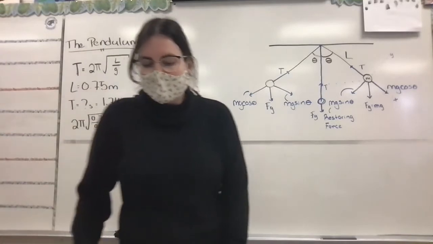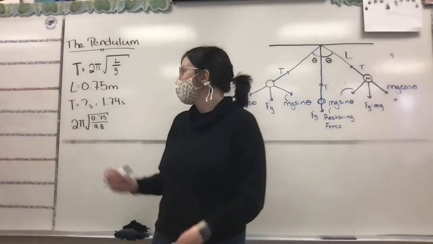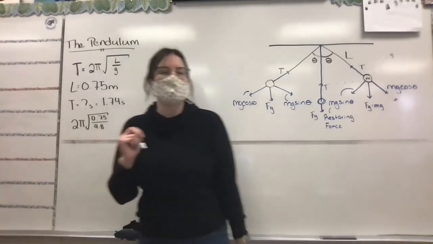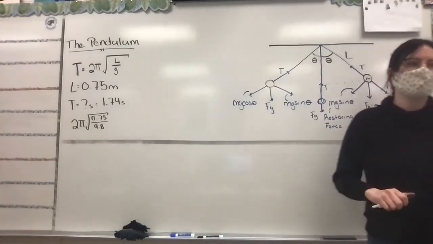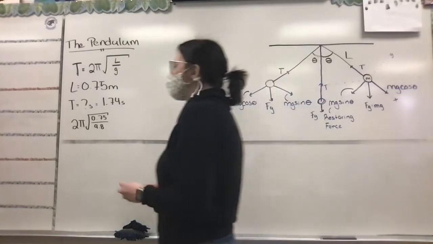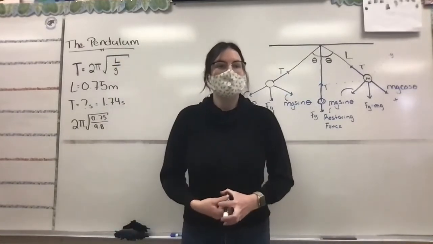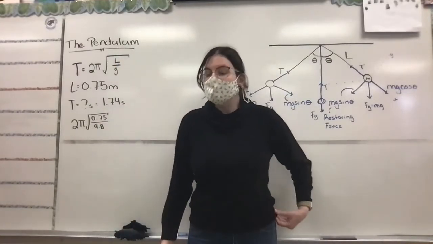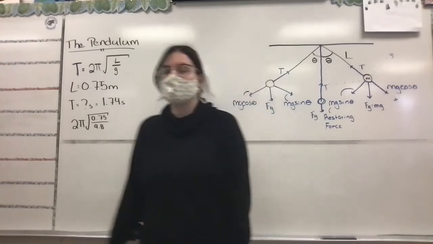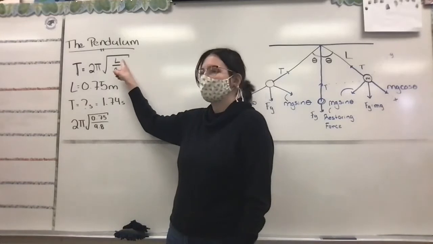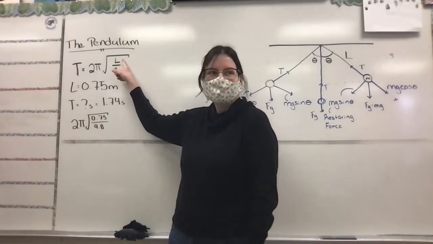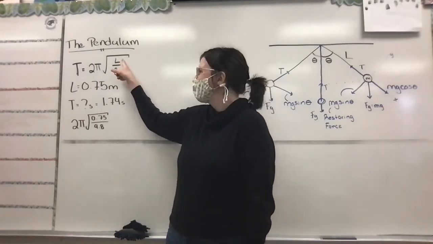What about if we decreased the length of this string? Let's say now it's only like 0.25 meters long. What's going to happen to the period? It's going to shrink. How do you know it's going to shrink? Because it's up here.